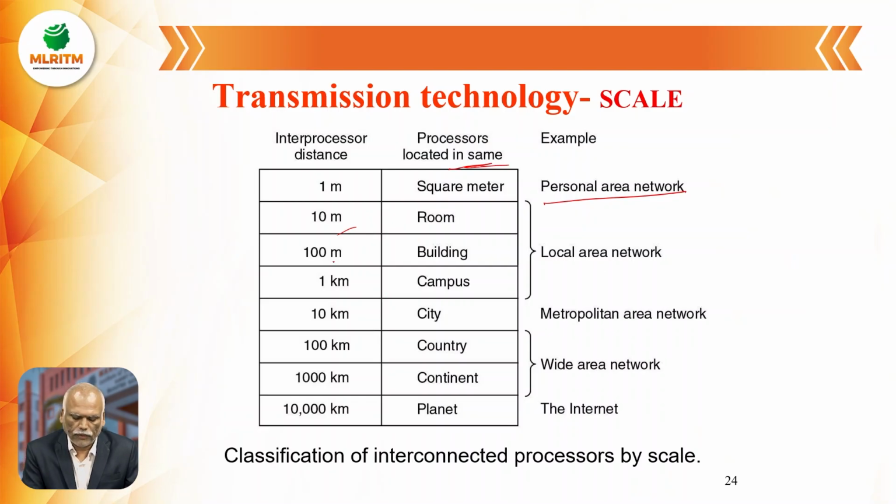If it is 100 meters, within a building; 1 kilometer, within a campus. This type of network comes under local area networks. If the interprocessor distance is 100 kilometers, 1000 kilometers, up to 10,000 kilometers, this is the range it covers: country, continent and planet. If it is country and continent, up to 1000 kilometers, it is known as a wide area network. Up to 10,000 kilometers, it is known as the internet. This is the classification of interconnected processors by scale.